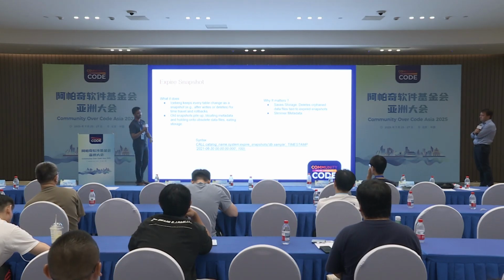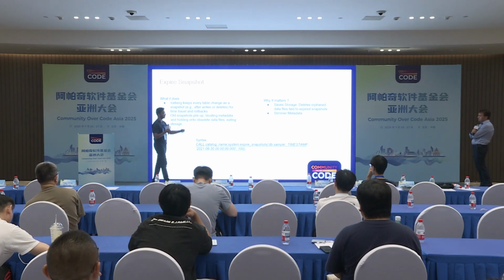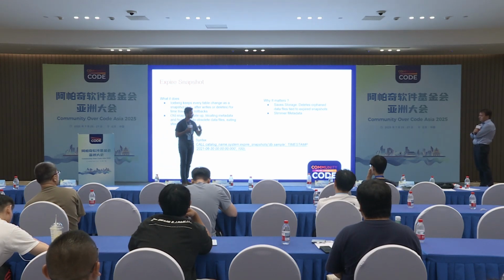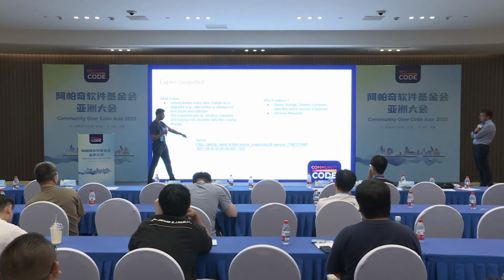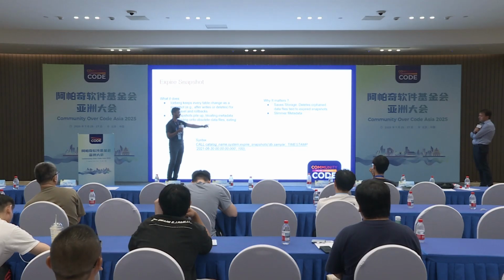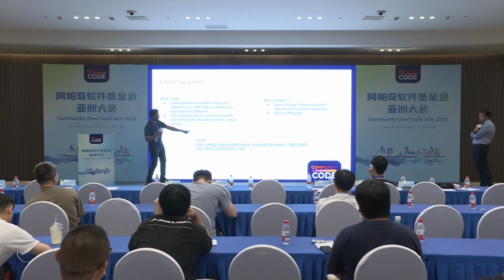So if you expire snapshots, the benefits are that you save storage, you delete orphan data files that are linked to the expired snapshot, and you get slimmer metadata, right? To do that, you have a Spark procedure that you can call: call catalog name system expire snapshots and the table name. The trick is to give the timestamp also, right?